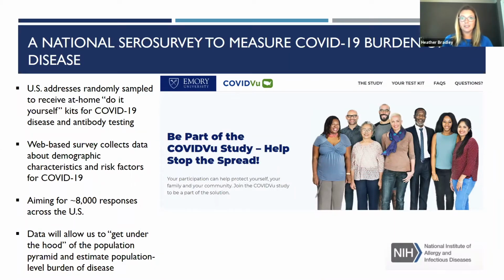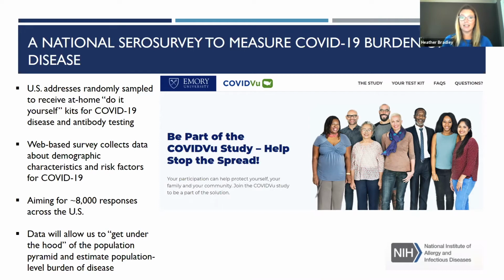Alongside the testing, you also receive a link to a web-based survey where you can report information about your demographic characteristics and behavioral risk factors for COVID-19, so that we're able to look at results alongside people's sociodemographic and behavioral characteristics. This allows us to begin to understand better how this disease is distributed across different kinds of populations, and how these risk factors may differ across populations.